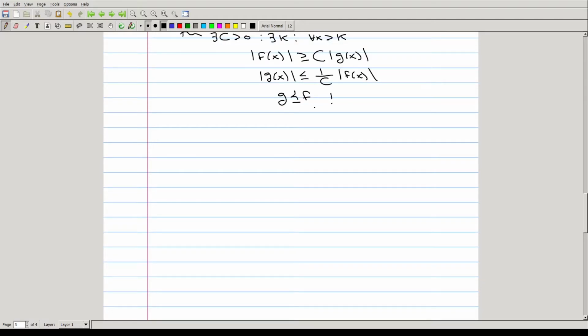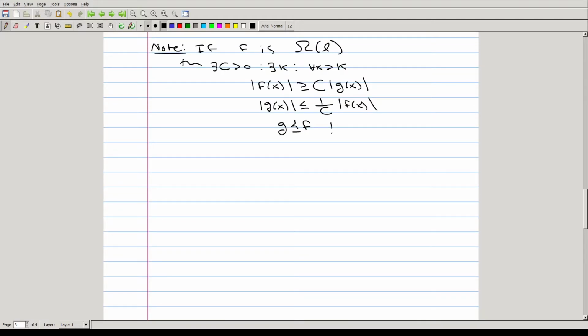So the last thing that we really want to go over and kind of define is the idea of when two functions have the same order of growth, and then we can go through and see some examples and theorems that relate all of these properties.